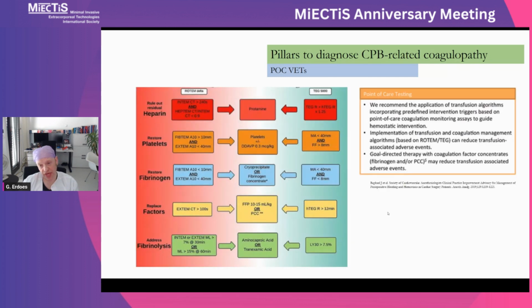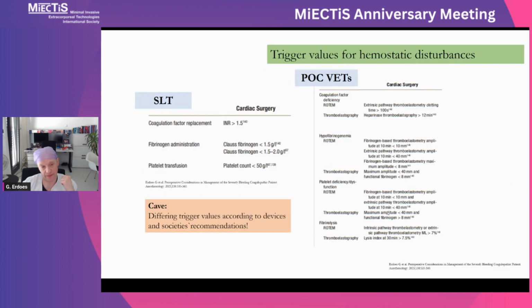The most important thing is that you have a transfusion algorithm in your hospital. And this is just an example from the SCA, how to use a transfusion algorithm and how to use different options to treat coagulopathy.